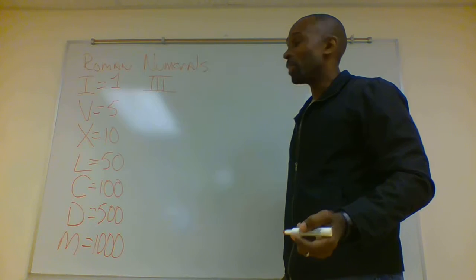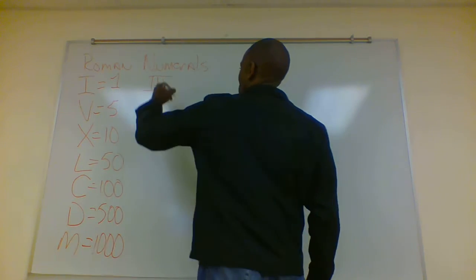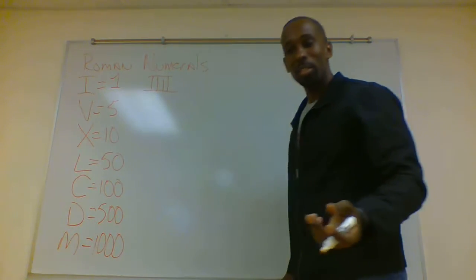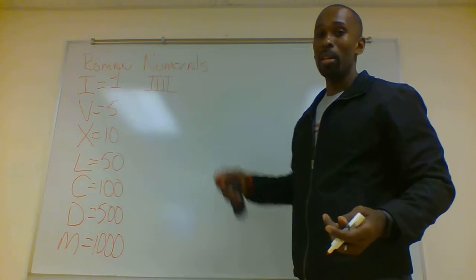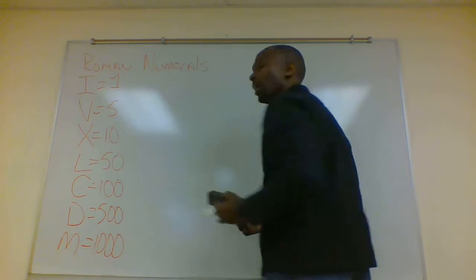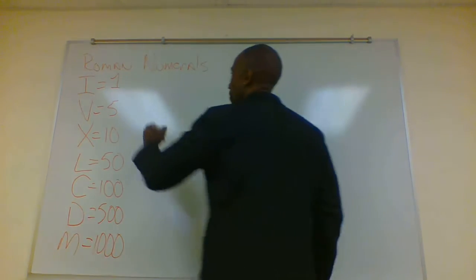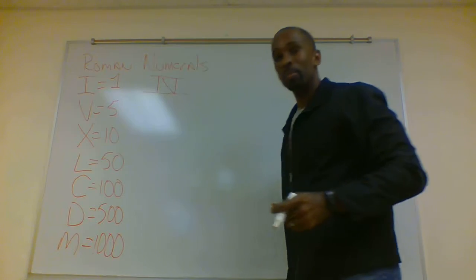Now where this gets different is when you count the number 4. Most of the time people would say, that makes sense, IIII. That's 4 because that's 4 of the number 1. But in Roman numerals, it's different. In Roman numerals, the number 4 is represented by IV.